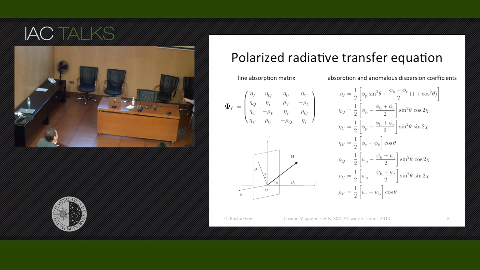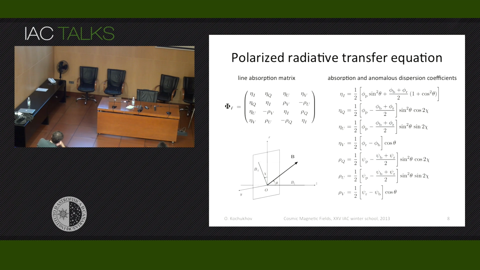So I have my vector B, magnetic field vector, and I'm looking at this vector from the direction of the axis Z, from here. Now the theta angle is the angle between B and my line of sight, and then the second angle that I need is chi, and this angle defines the orientation of the projection of B onto the plane perpendicular to the line of sight.